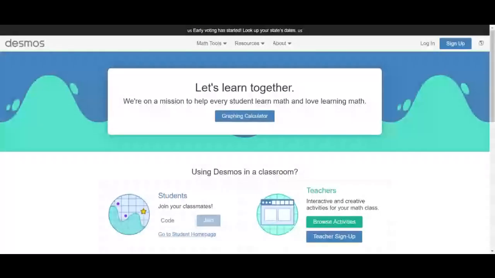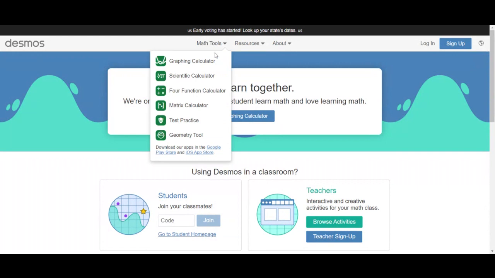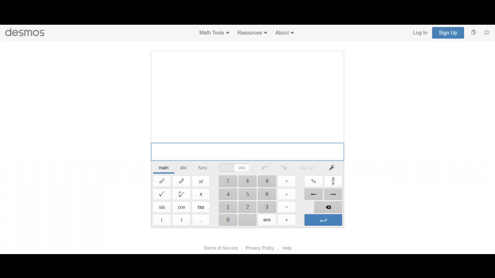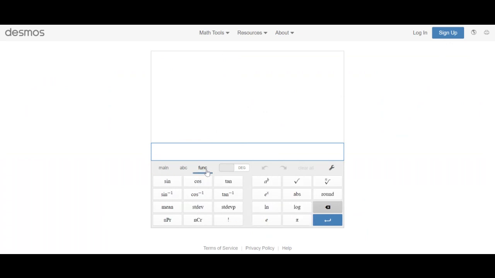Desmos. So if you go to Desmos, this is the Desmos site. You go to Math Tools, and you go to Scientific Calculator. Click here. Okay, so you should see that. What you can do is press where's function, F-U-N-C. Down here, see, NPR. So if you want that probability, the 365 with 30, you can press that.